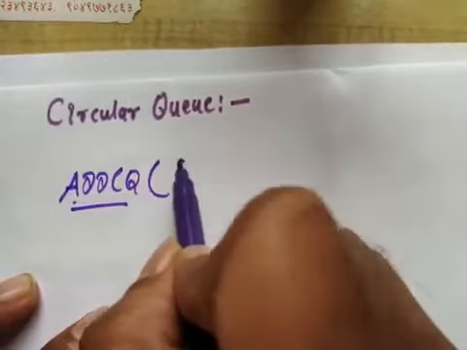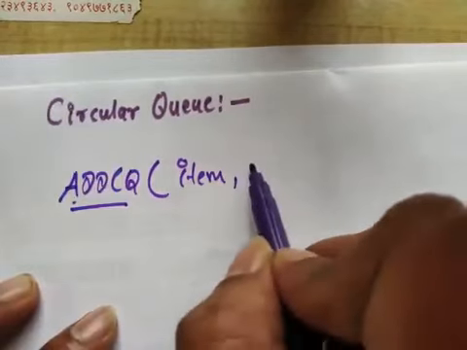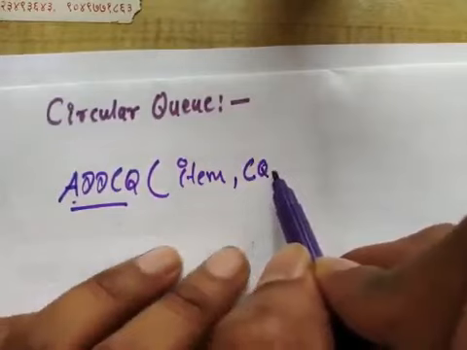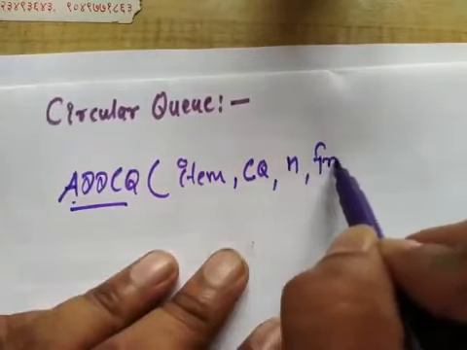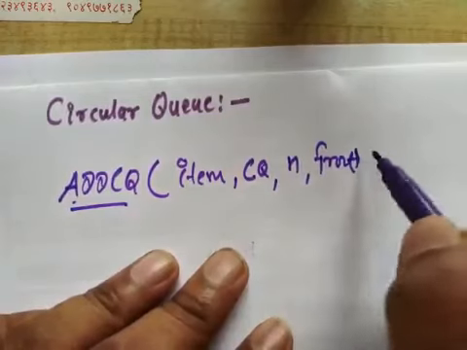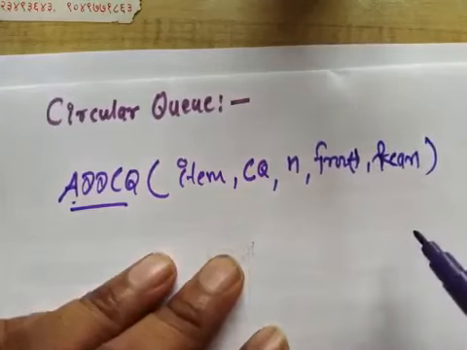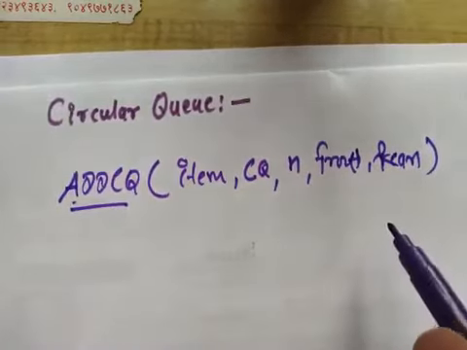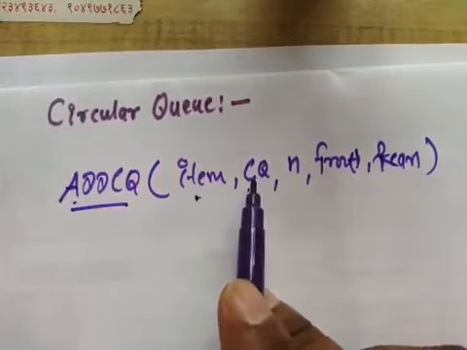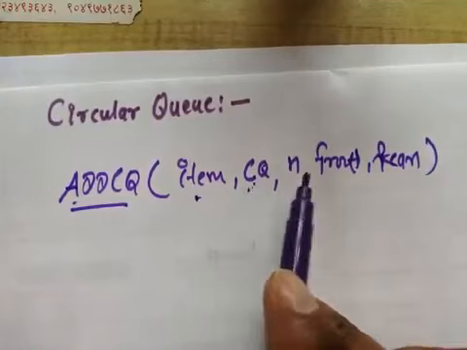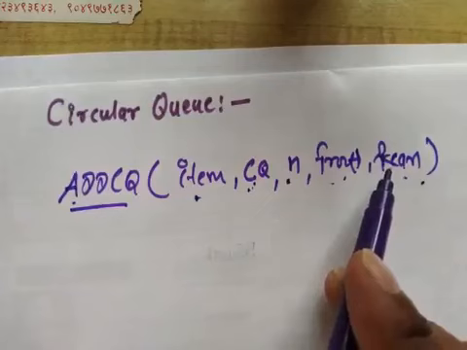It takes as input the item, the circular queue which is the array, the size of that array, and the front and rear positions, which are index locations or pointers.